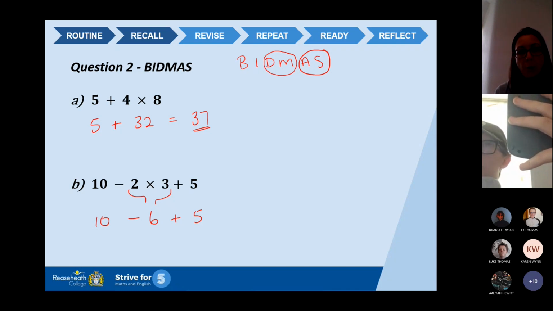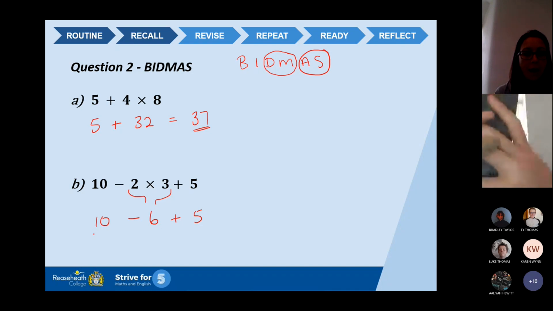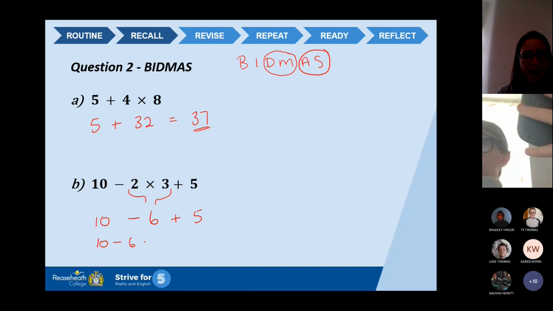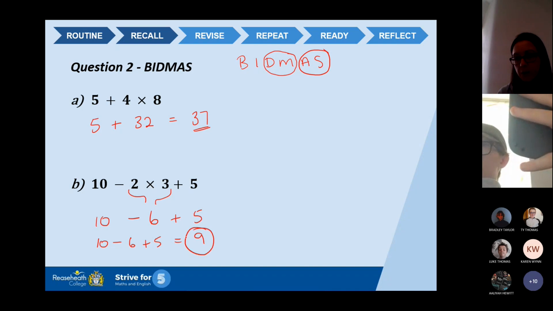Divide and multiply is more important than add and subtract, but within add and subtract, they're both the same. So you don't do 6 plus 5 and then take away 10. We do it in that order. 10, take away 6, which is 4. Plus 5 is 9. So the final answer for that one was actually 9.